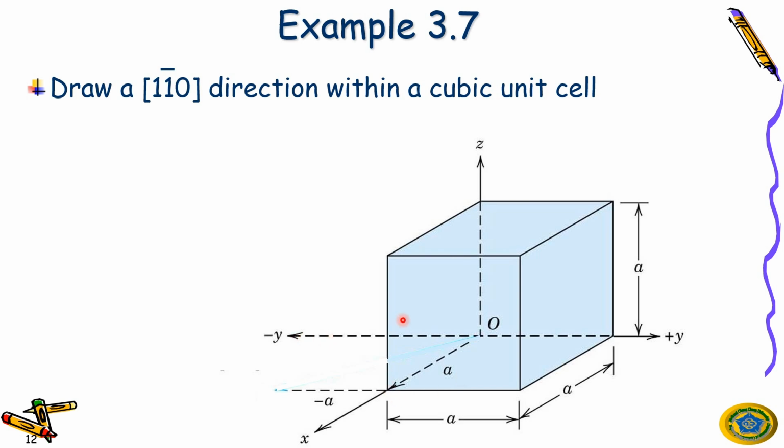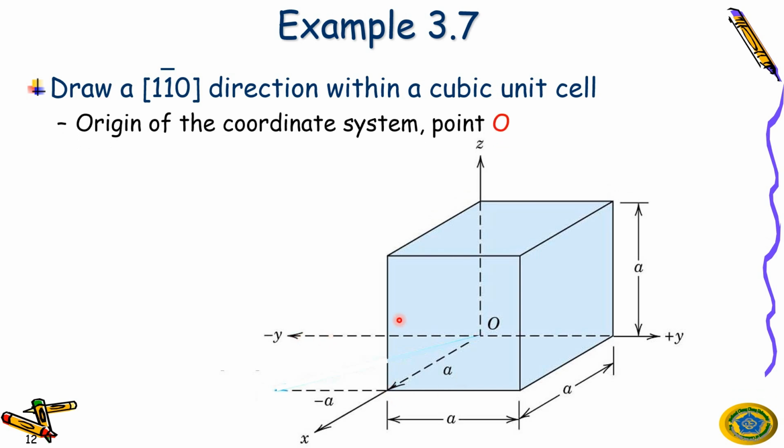And 1 here, 1 here. So origin, you need to pass to origin, of course. And then 1 here, right? And projection to 1, minus 1, 0. So it's 1 here, right? And another 1 here, because it's from the positive, this is negative.